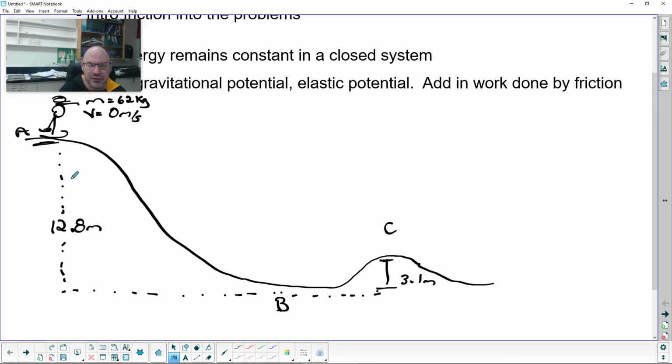Then let's ask a couple of questions. Calculate the velocity at point B and C.